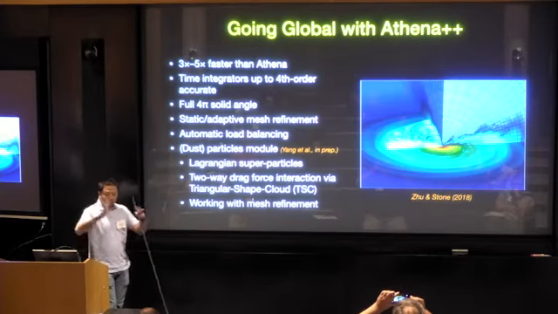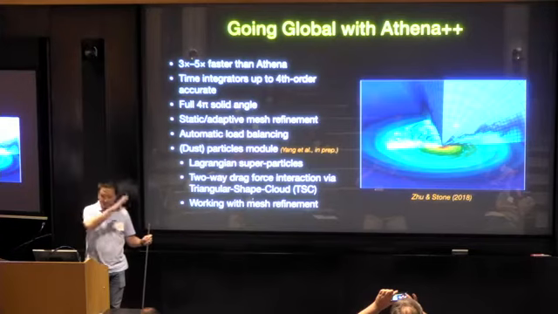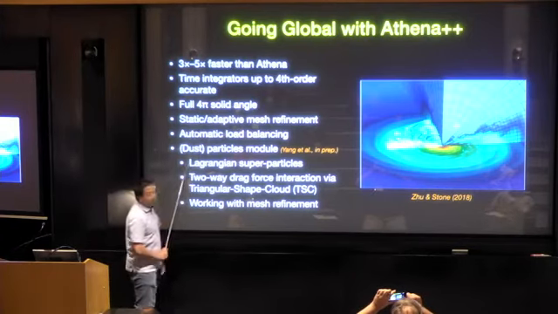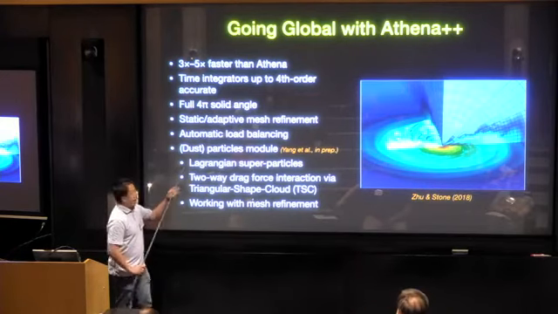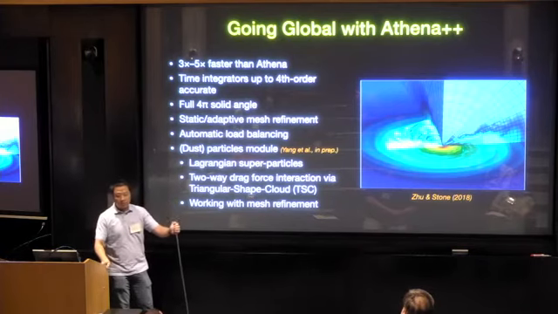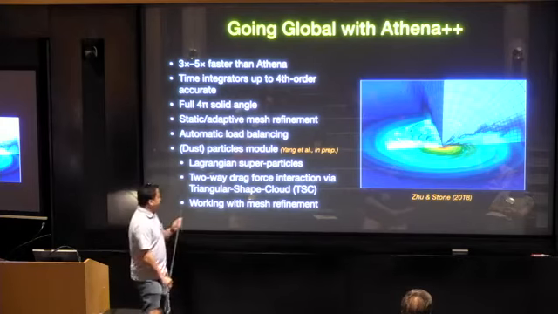With spherical polar coordinates, you can simulate the full disk, the full 4-pi solid angle. And the most important thing for me is that it has static or adaptive mesh refinement and automatic load balancing, so I will not suffer from strong concentration of dust, for example, in a certain mesh block.